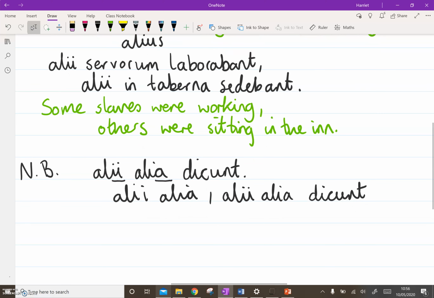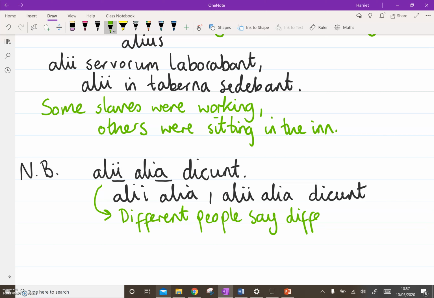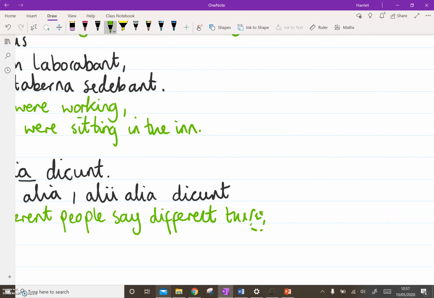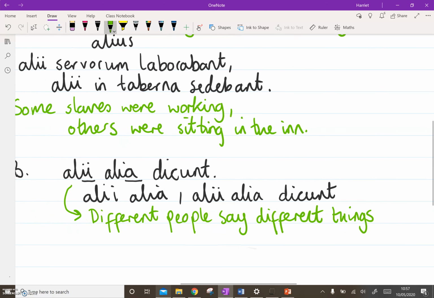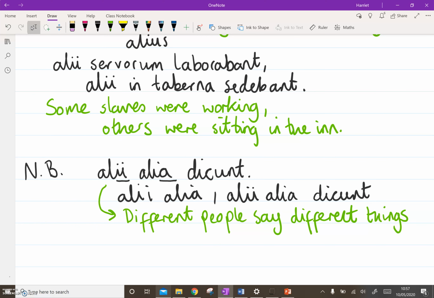You just kind of need to watch out for this as a set sentence, or there might be something very similar to it that's used. So instead of translating it as some men say other things, which doesn't really make much sense, you've got to realize that there's kind of two different people involved here. So instead we translate it as different people say different things. The whole point is that alios is being used to show alternatives, which is why you can't just say some men say some things, because that doesn't suggest that there's an alternative option.